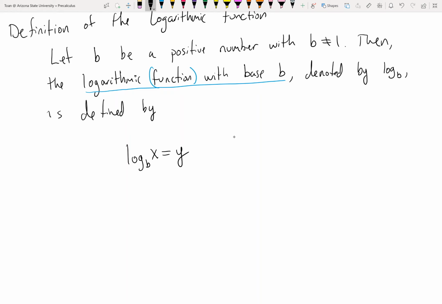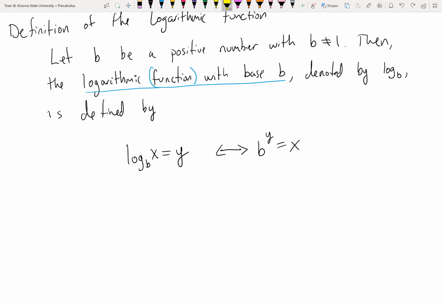The input is inside the log, so a log should always spit out something. But what's so special about that something? This something is the exponent on this base that gives you this answer. Or in other words, b to the y power equals x. So the left is 100% the same as the right.